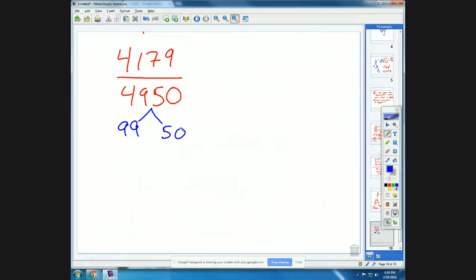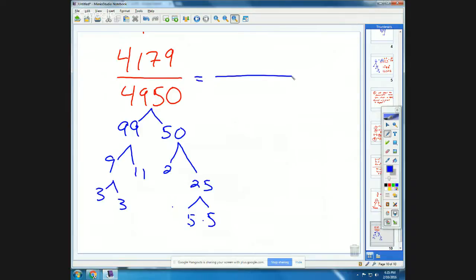So this is going to be what? 9 times 11. And 9 is 3 times 3. 2 times 50. 3 times 3 times 5 times 5 times 11. 25 is 5 times 5. Okay, so we have a denominator of 2 times 3 squared times 5 squared times 11.